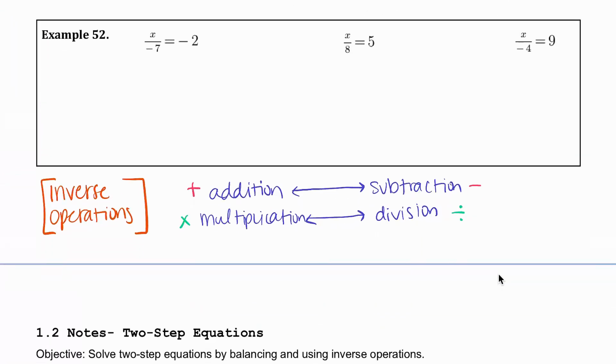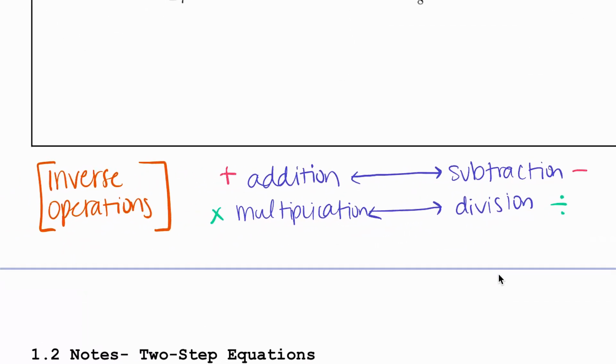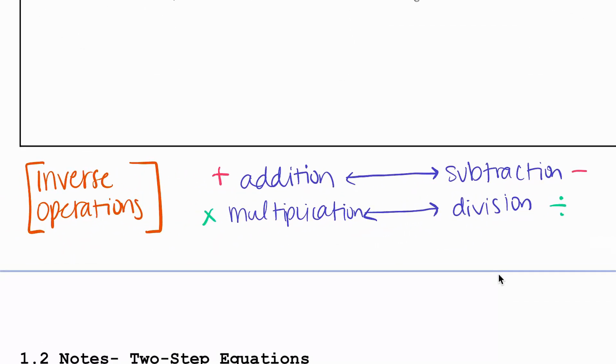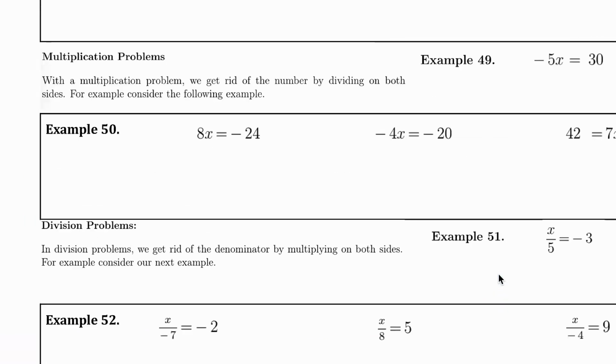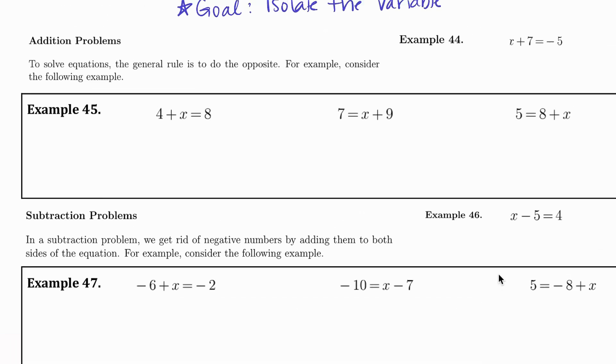Inverse operations are opposite operations. For example, the inverse of addition is subtraction. Addition and subtraction cancel each other. They're inverses. The inverse of multiplication is division. Same thing, multiplication and division undo each other. They cancel each other. So we're going to use that information to help us isolate the variables.